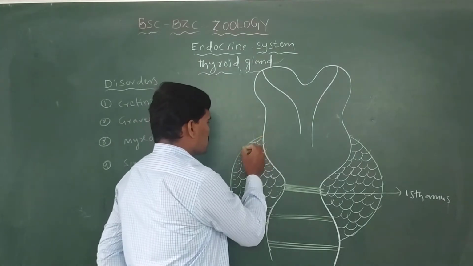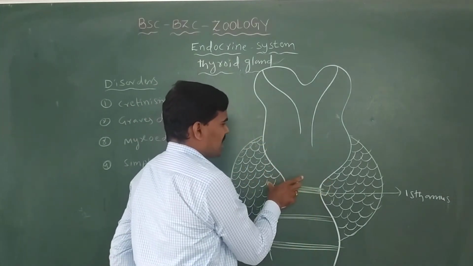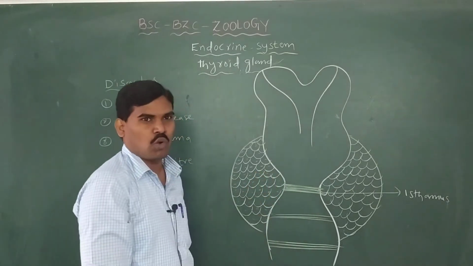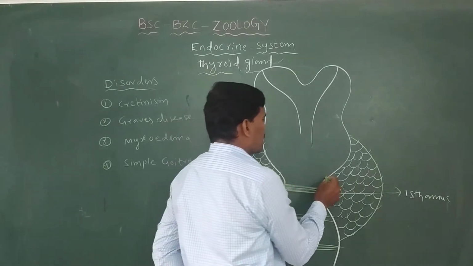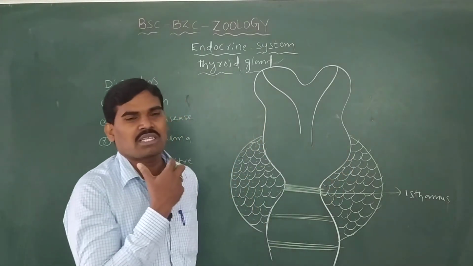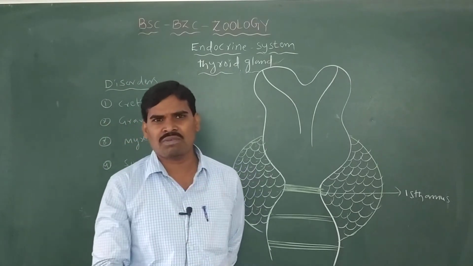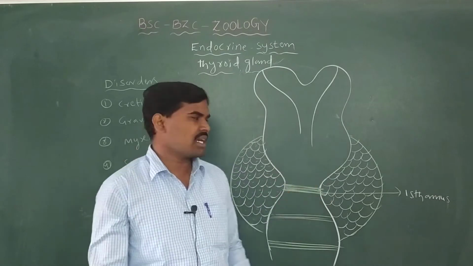The two lobes of the thyroid gland are the left lobe and the right lobe. In the neck region, each one lies on either side of the trachea.